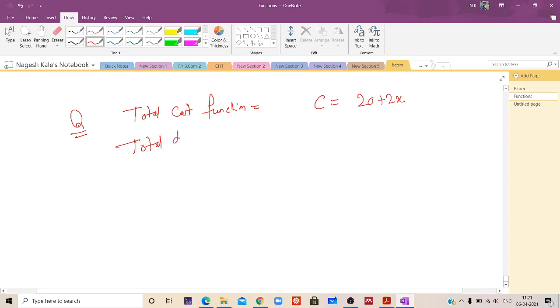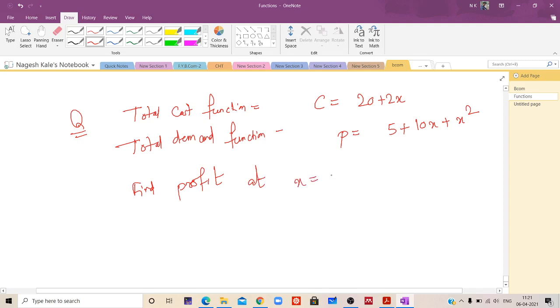Total demand function is, I am giving the price, P equal to 5 plus 10x plus x square. Okay, find profit at x equal to 4.